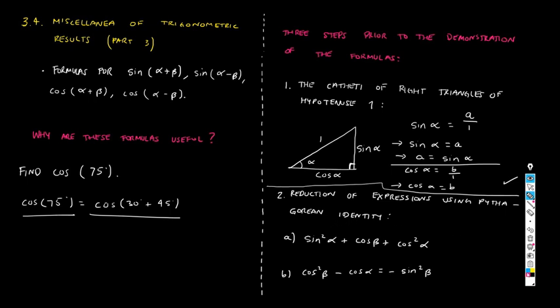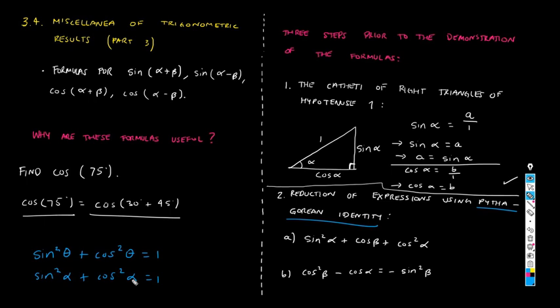By using the Pythagorean identity. Let's remember what the Pythagorean identity was. For any angle, sine squared of theta plus cosine squared of theta equals 1. Or any other angle, it doesn't make any difference, right? Sine squared of alpha plus cosine squared of alpha equals 1.